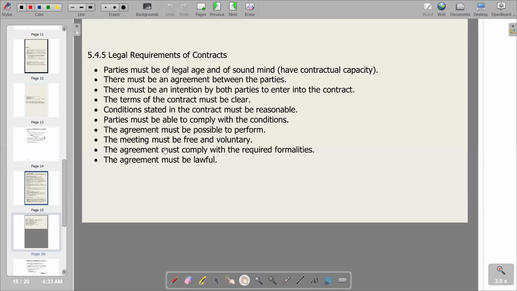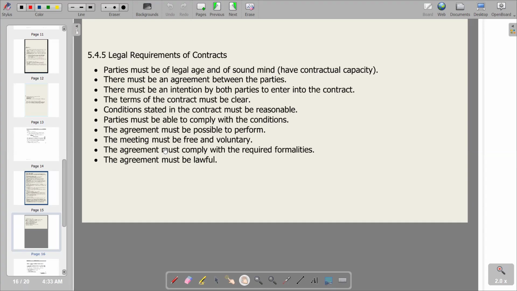So we are saying, the first one is that parties must be of legal age and of sound mind, have contractual capacity. Contractual capacity, we are saying the age should be within the age that is regarded to be appropriate for you to enter into a contract.